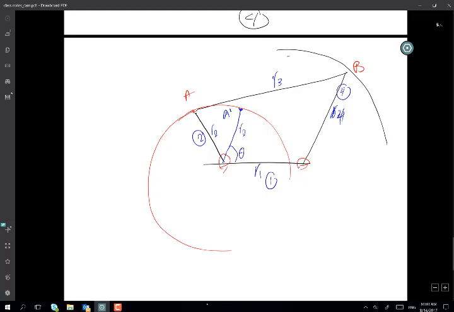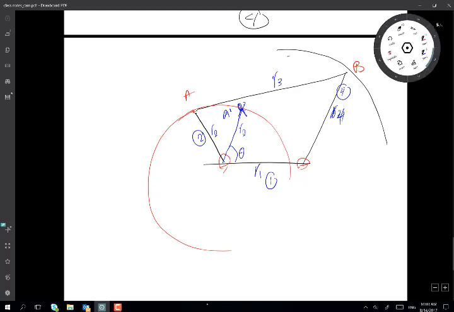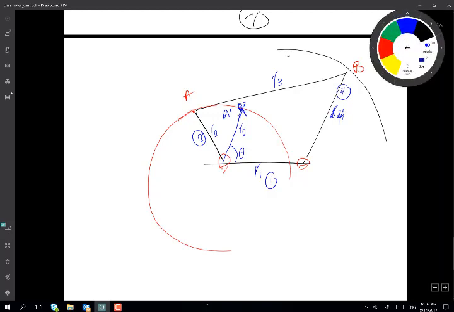Now I want to find where point B prime has gone. To find it, with the compass, we place the compass here and open it, then draw a circular arc with the radius R3, correct?